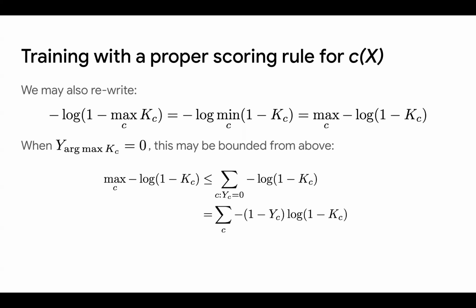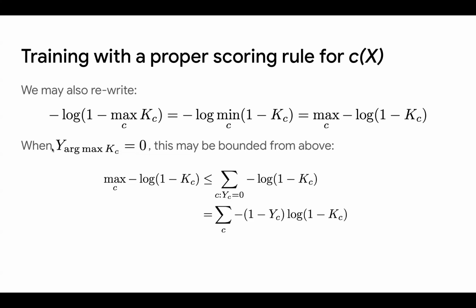And now for the second term, which was minus log of 1 minus max K, you can basically take out this max operation all the way outside, because you are flipping the sign twice, and log is a monotonic function.